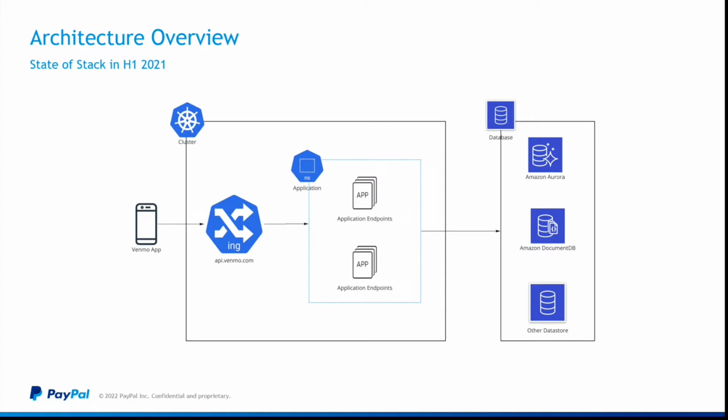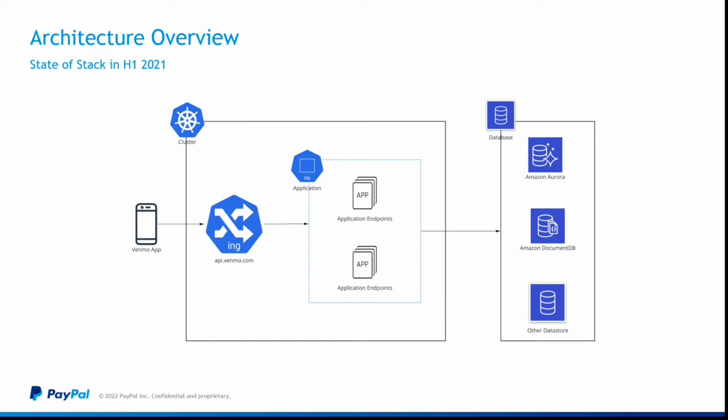So any request coming through those endpoints gets routed to this particular namespace. As you can see, there are multiple endpoints, and this particular namespace is just one of them. We do have some other namespaces and some other services as well, apart from this particular namespace.